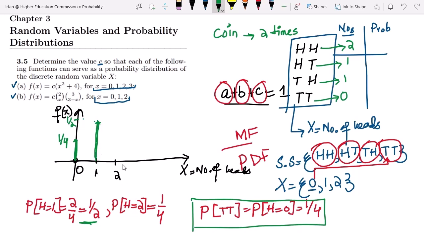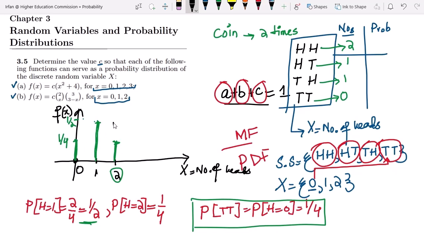Similarly for heads equal to 2, on the x-axis we have this 2, and its value is 1/4. Let me draw it here as well. Okay, so these are all the values which we had. Now this is 1/2, this is 1/4, this is 1/4.